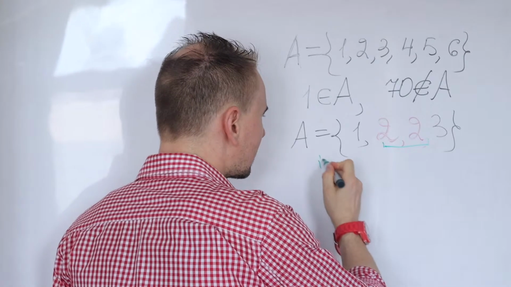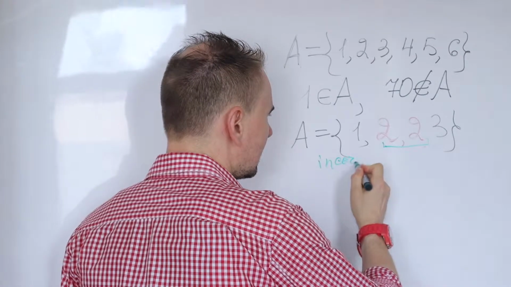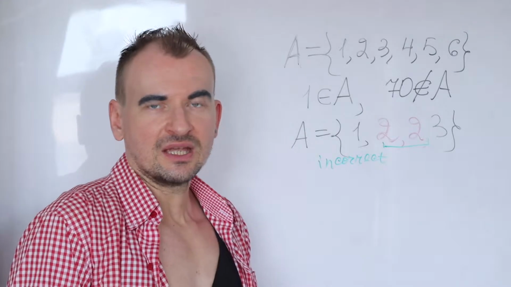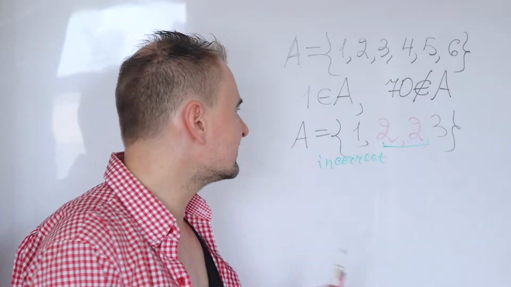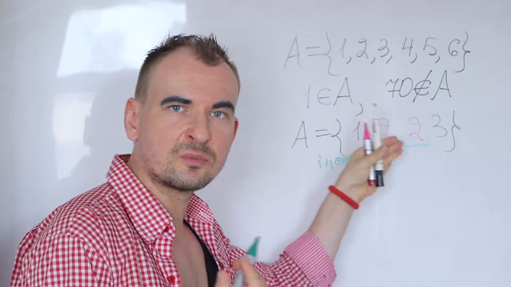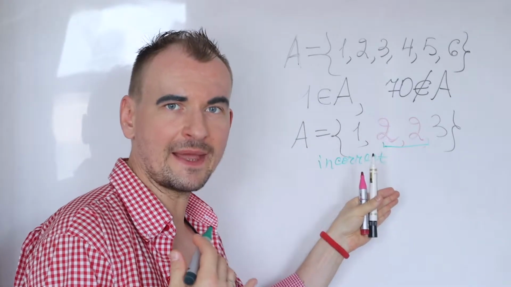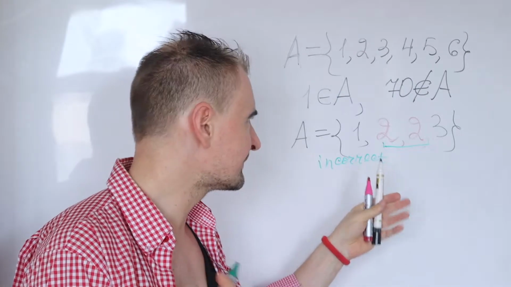So this is incorrect notation of a set A. Since the element is duplicated, we normally write one element one time.